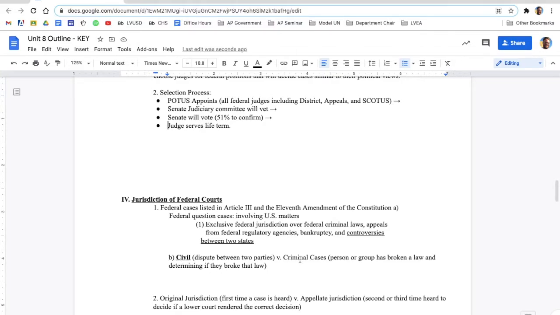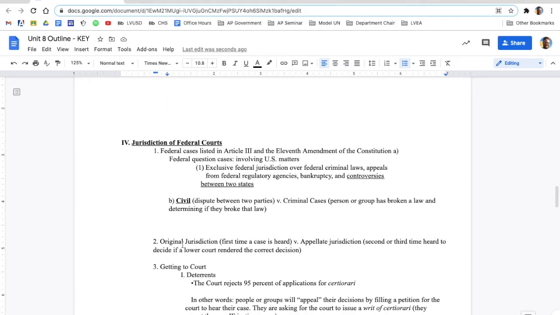But these are the two types. Civil is much more common. I mentioned this in the past, but it's always good to be able to differentiate. You need to know the difference between original jurisdiction and appellate jurisdiction. You should also be able to tell me which courts have original jurisdiction and which courts have appellate jurisdiction.